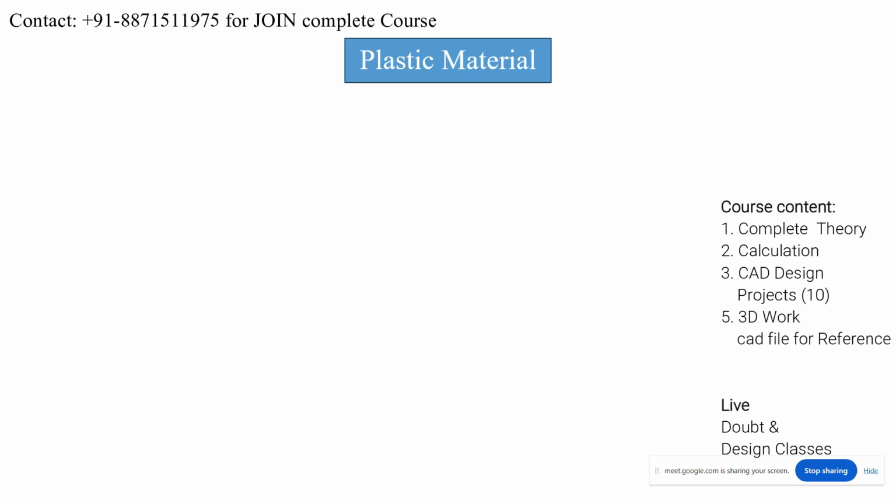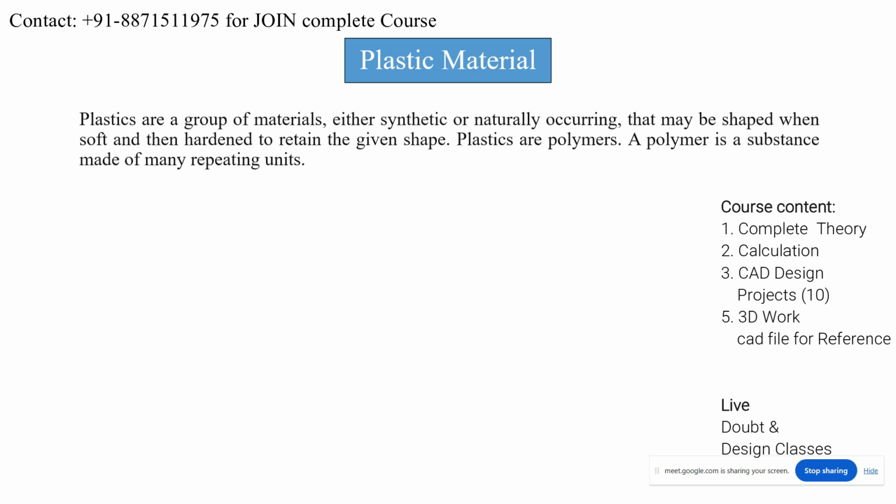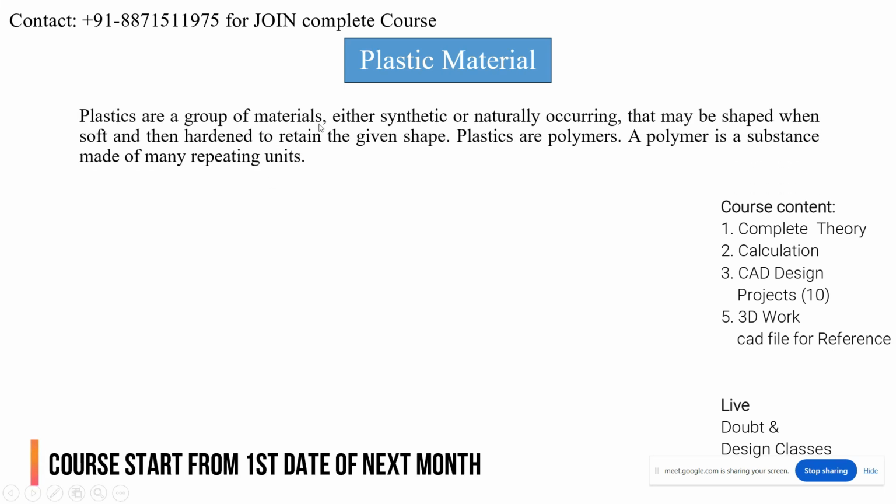Before starting the mold design, before starting the part design of any type of component, we should have knowledge about the plastic material also, right? So what is plastic basically? Plastic is a group of material, either synthetic or naturally occurring.